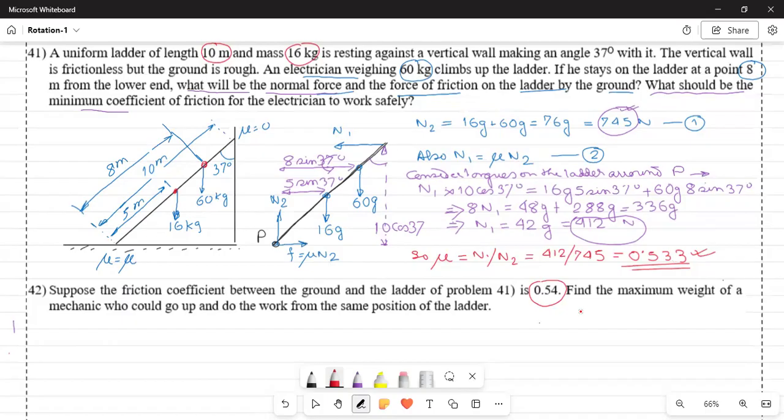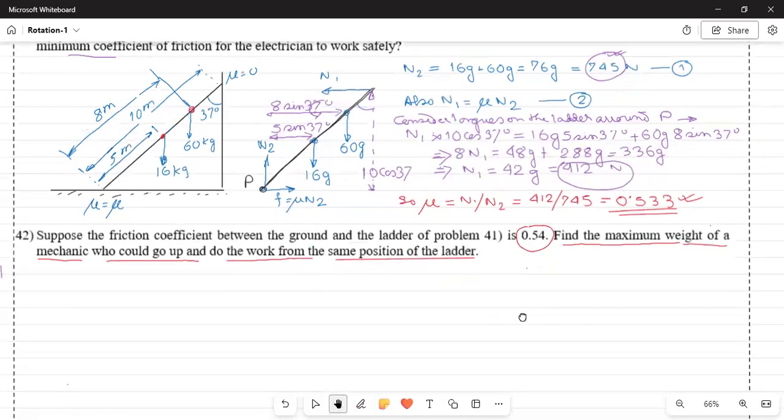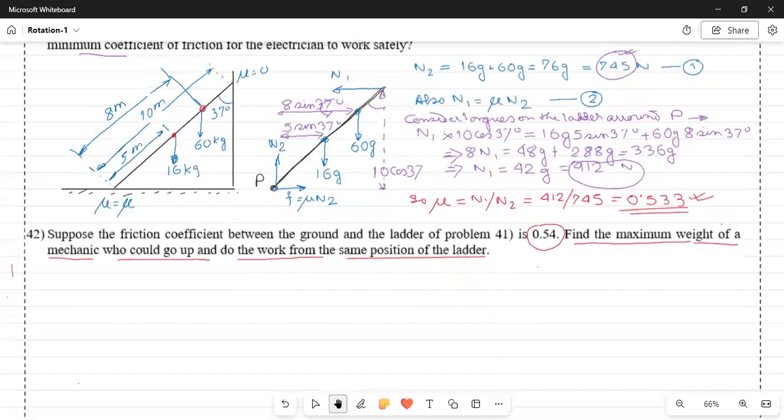So here the question is, find the maximum weight of a mechanic who could go up and do the same work at the same position. That means the electrician has to anyway go up to 8 meters. But a 60 kg man cannot go up to 8 meters if the frictional coefficient is low. So a thinner man has to go. We have to find out how thin that man should be. If we have to do this, we have to only retrace the same equations.